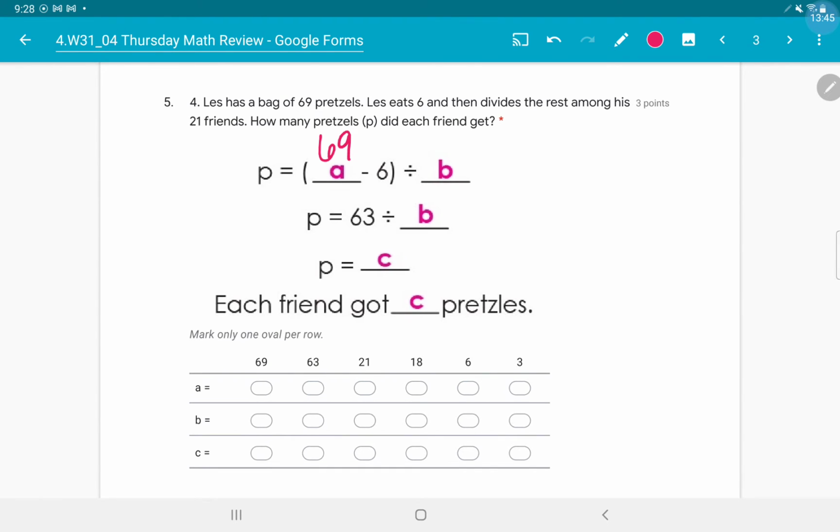Amy? He ate 6. So how am I going to show in an equation that he ate 6 pretzels? 69 minus 6. Yeah. And how do we know that we're going to do the 69 minus 6 first? What tells me that?